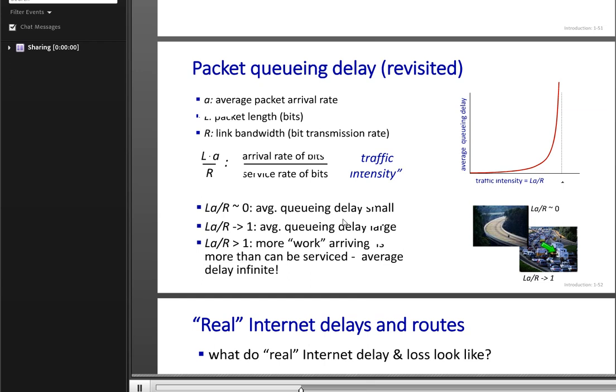This is the effect of traffic intensity, the effect of congestion. When a road, a link, or a network becomes congested, it means that its traffic intensity rises toward 1. And so the queuing delay rises exponentially toward infinity.